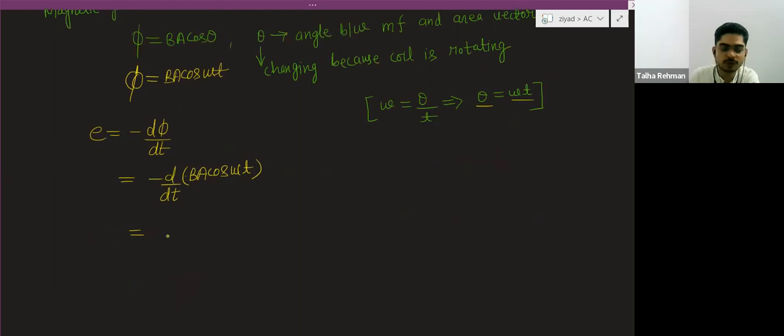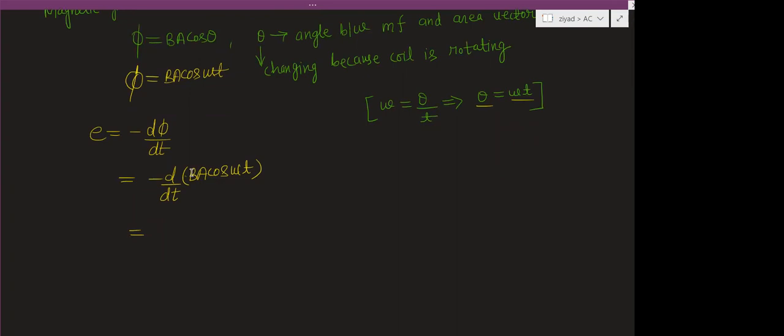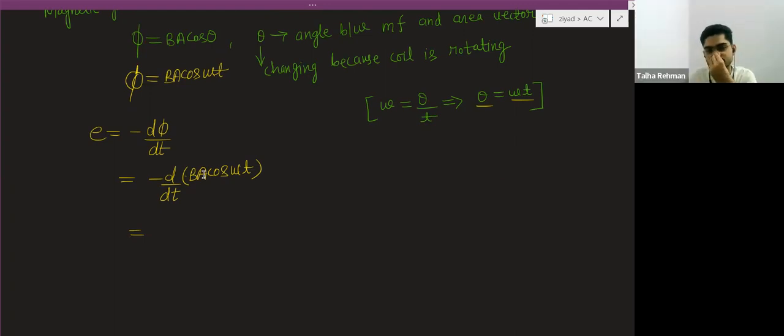Now this BA is constant. The magnetic field is constant, not changing; the direction and the magnitude are both the same. The area of the coil is not changing either. So both of these are constant, and we can take them out of the differentiation. Now we will do the differentiation of cos omega t.